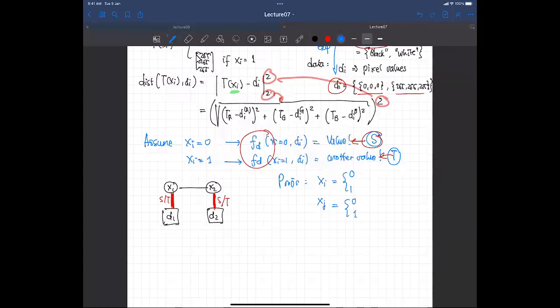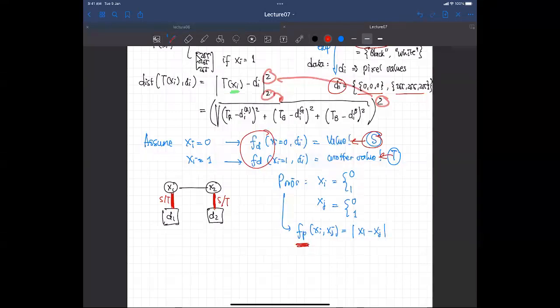The prior term that we defined is fp(xi, xj) equals the absolute value of xi minus xj. So for fp, how many values will you have? It's 2.